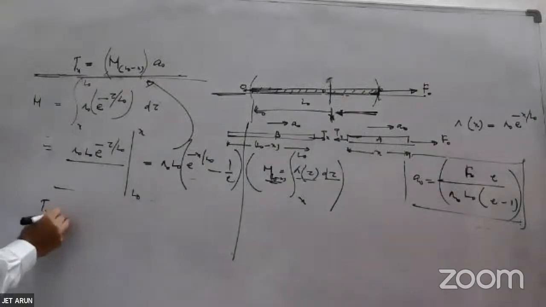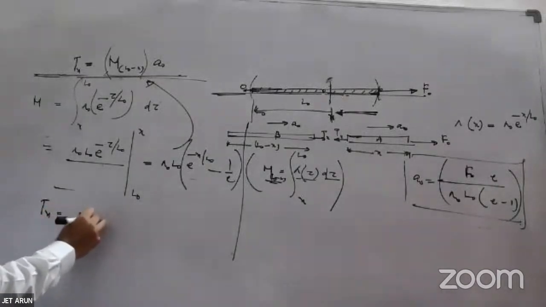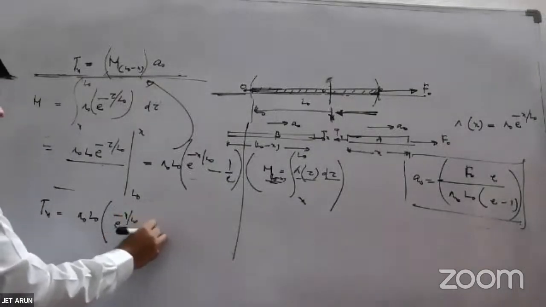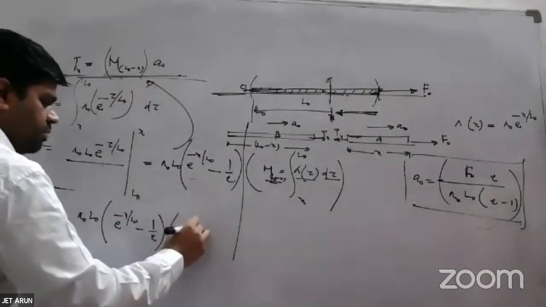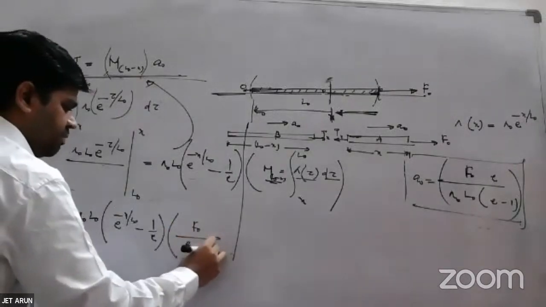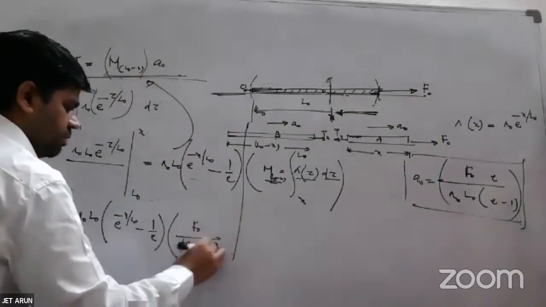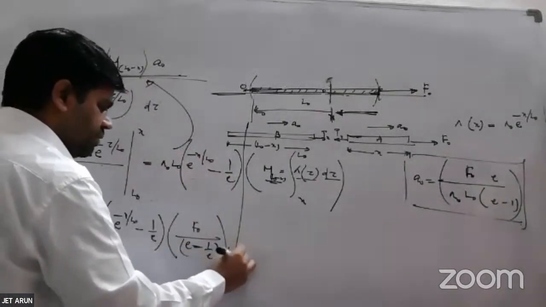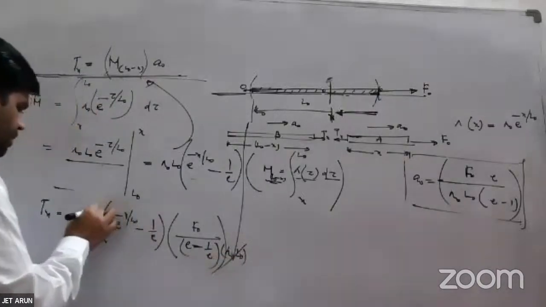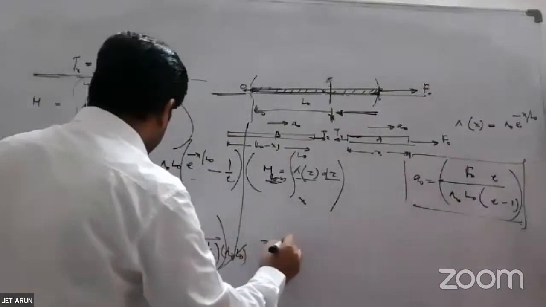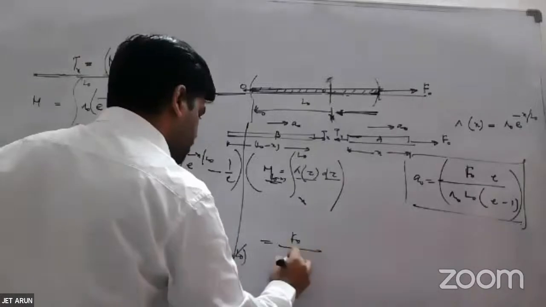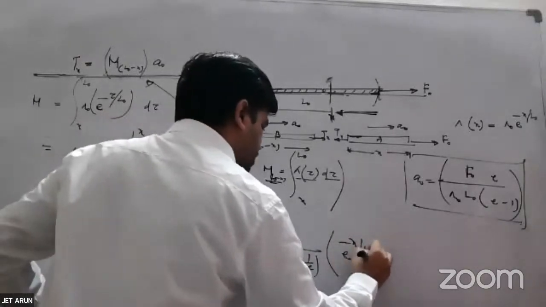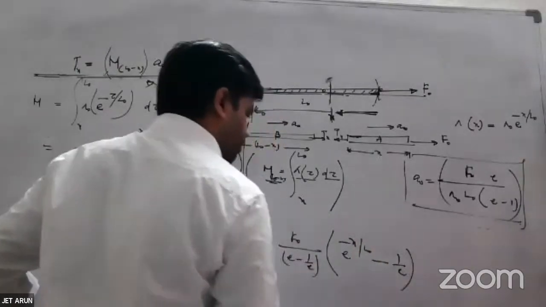So T of x is equal to lambda naught L naught into e power minus x by L naught minus 1 by e into F naught by e minus 1 by e, because a naught is F naught by lambda naught L naught. This lambda naught L naught gets cancelled out. So what I now get is F naught by e minus 1 by e into e power minus x by L naught minus 1 by e.